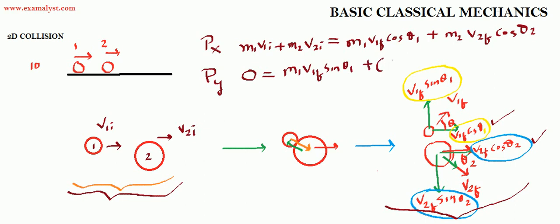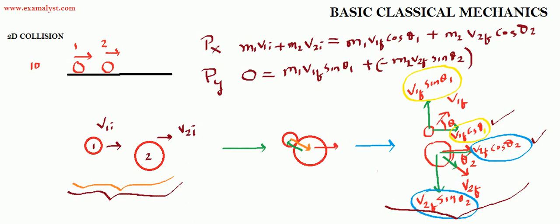Mass into velocity, m2 v2f sin theta 2, because v2f sin theta 2 is the velocity of the ball in the y direction. That's why we multiply with m2 and we get the momentum. But there will be a minus sign. Why? The minus sign indicates that these two quantities are in opposite directions. I always say in physics, the minus sign represents the direction.